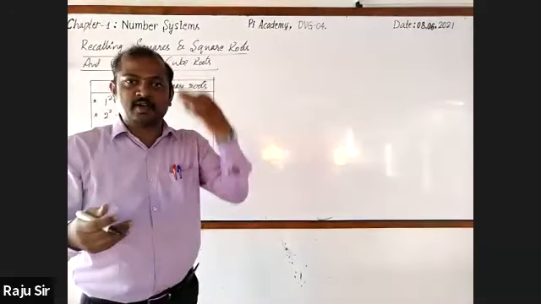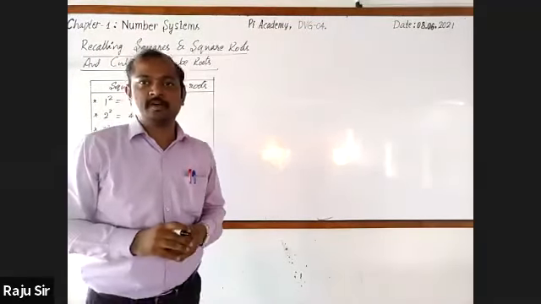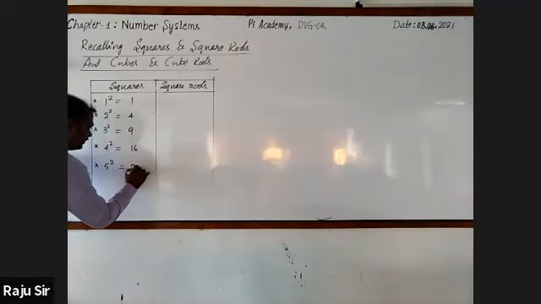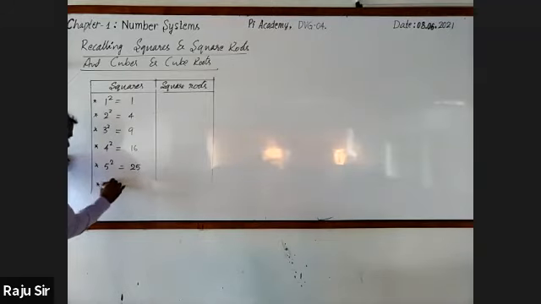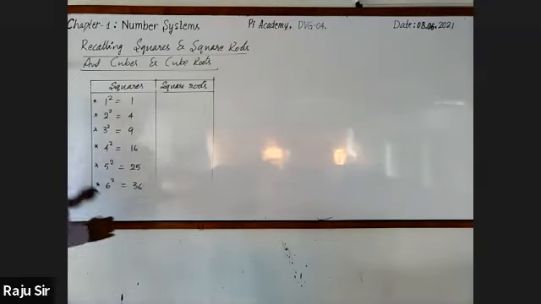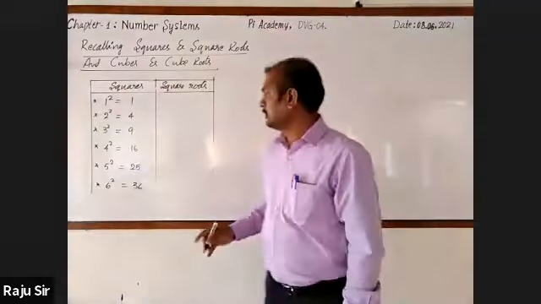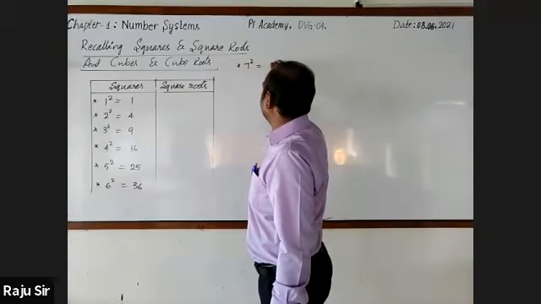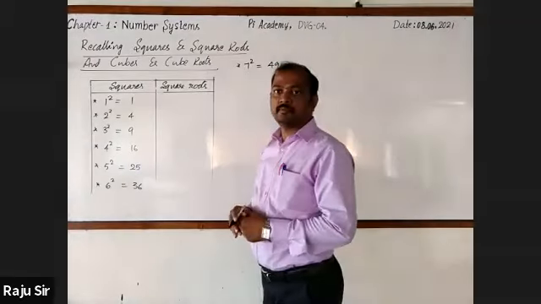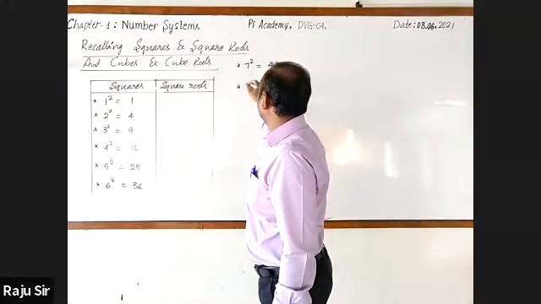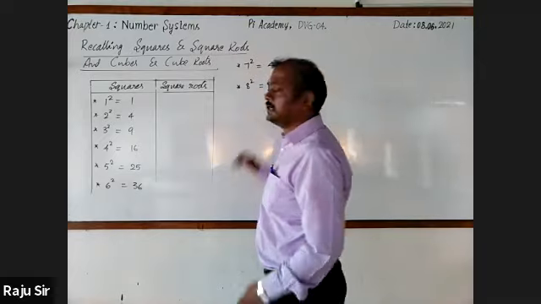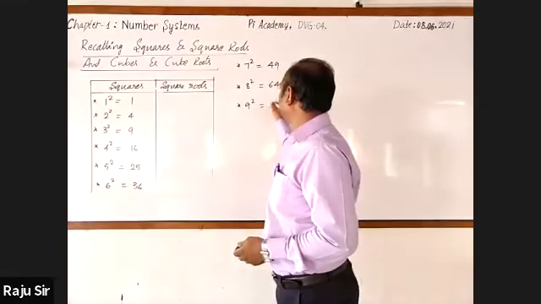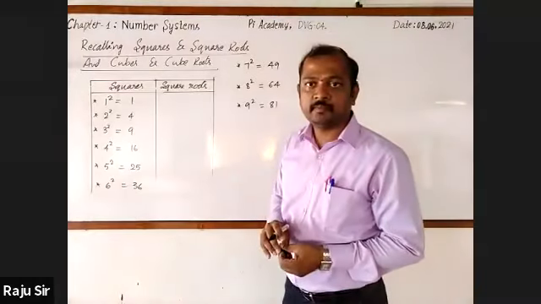You can just recall and go on writing yourself up to 20. 5 square. 5 fives are 25. 6 square. 6 sixes are 36. 7 square. 7 sevens are 49. 8 square. 8 eights are 64. 9 square. 9 nines are 81.